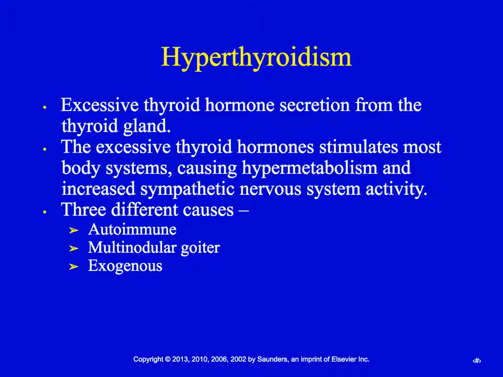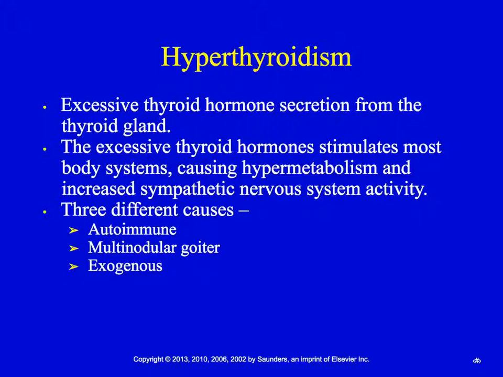Your patient will show signs and symptoms of a hypermetabolic state. These signs and symptoms can be seen on page 1394, chart 66-1. It is a nice chart that summarizes the signs and symptoms of hyperthyroidism. This is somebody that's going to be very thin because of their increased metabolic state.